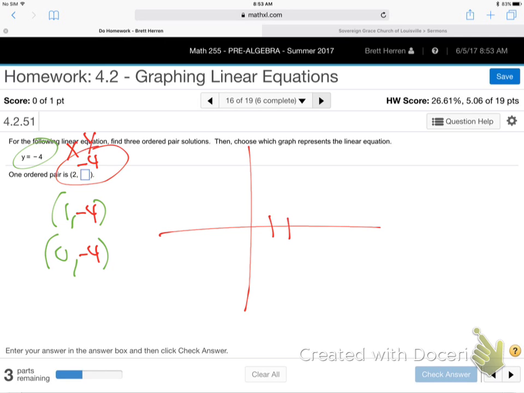So over 2, down 4. We good for starters? Over 2, down 4. And then the next one is over 1, down 4. The next one is over 0, down 4. Did you guys get those 3 dots?